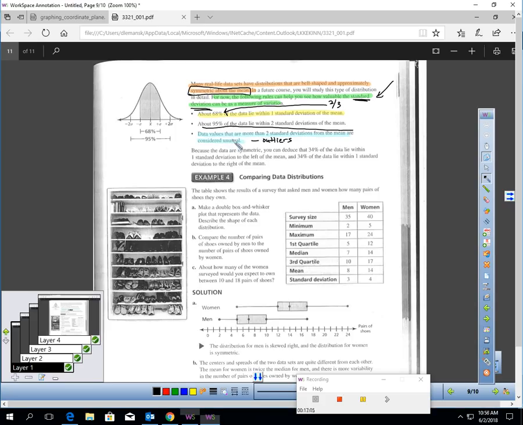And data values that are more than 2 standard deviations from the mean are considered unusual. Those would be like your outliers, okay? For this course, we're going to focus more on 1 standard deviation within the mean. I think it's important that you remember that 2/3 of the data basically lie within 1 standard deviation of the mean.